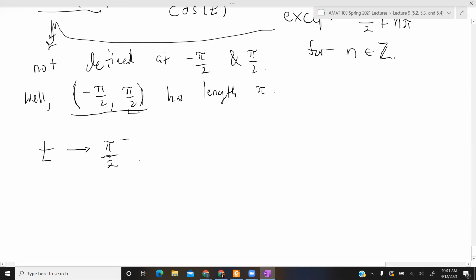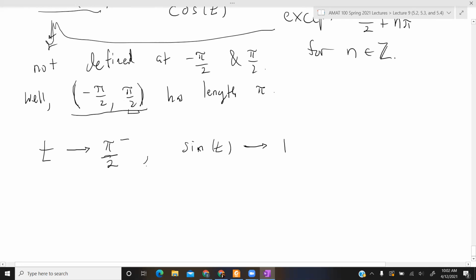When that's happening, sine of t is actually approaching 1, right? Remember, this is this notion of limits that I introduced a while back. It turns out that the trig functions are continuous on their domain.